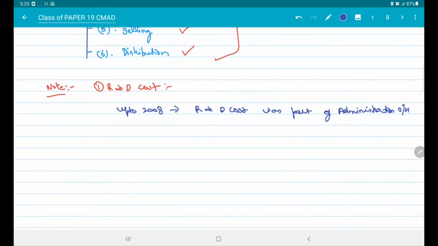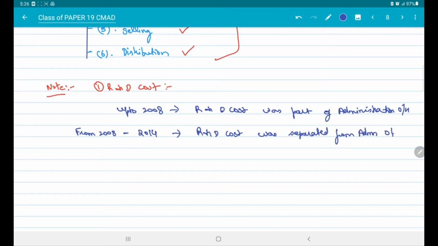Then from 2008 to 2014, R&D was separated from administration overhead and was shown separately as R&D cost.